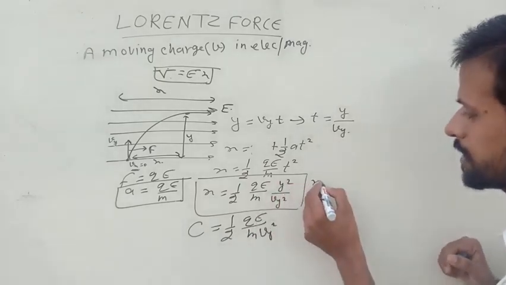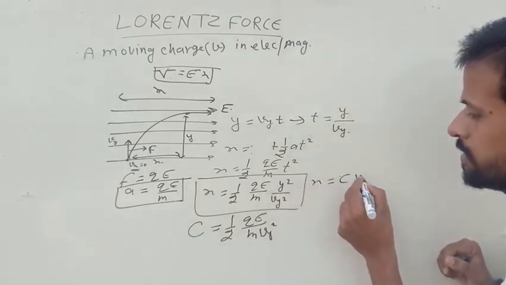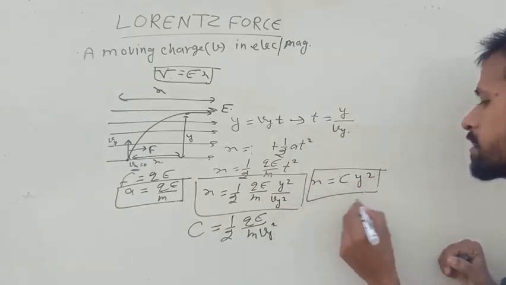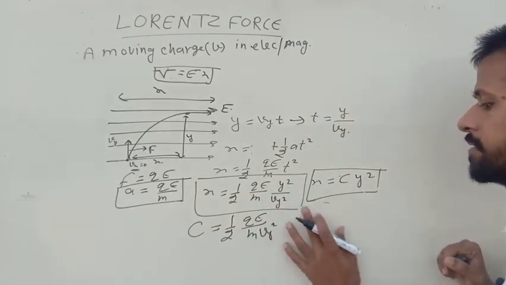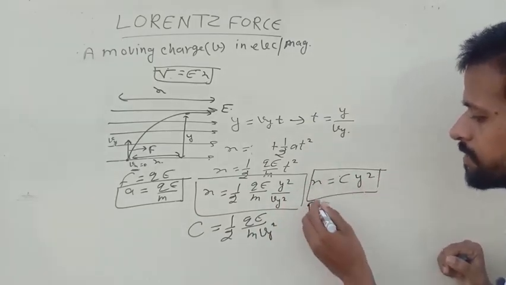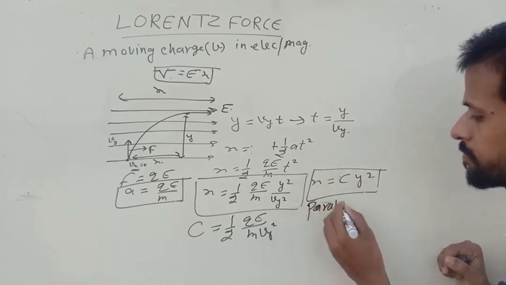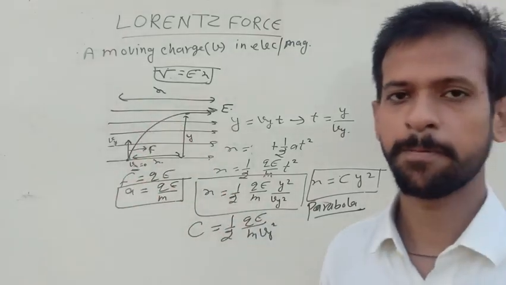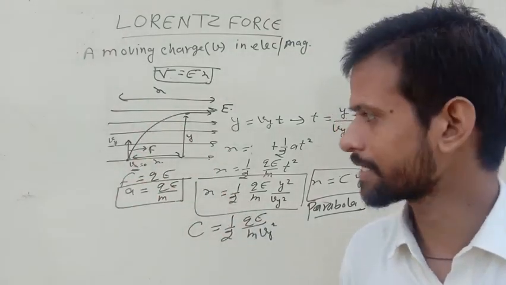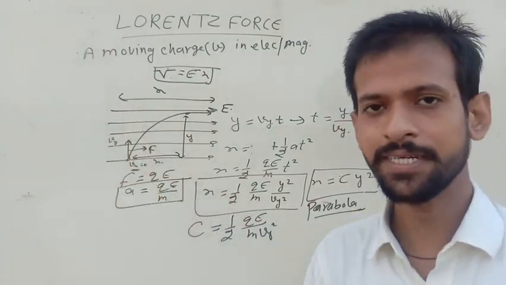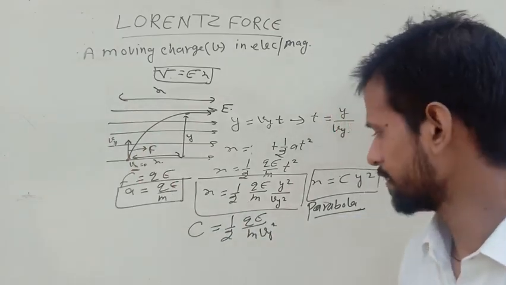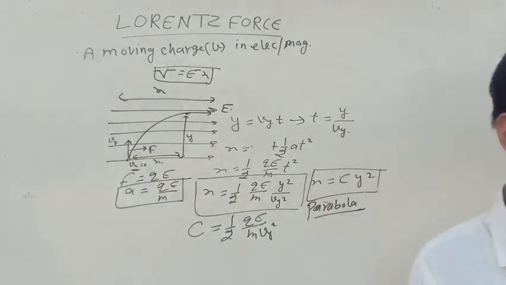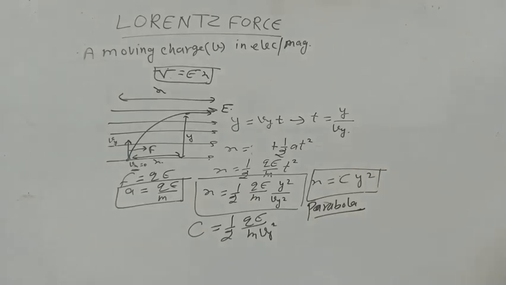Then x is equal to C y square, and this is a quadratic equation, and this equation is for a parabola. So whenever a charge is moving perpendicular to the electric field, its trajectory is a parabola.